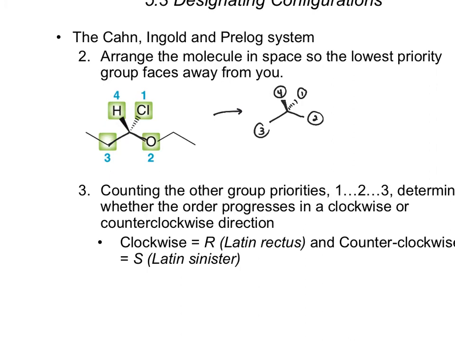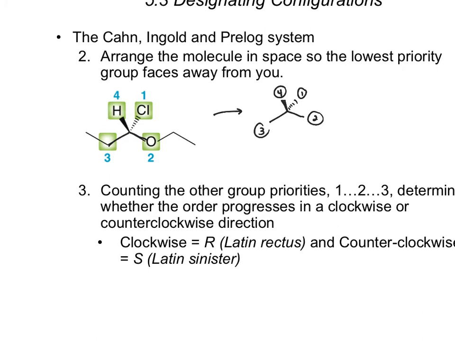I need it to go into the board. So what do I need to do to this molecule to get 4 on the dash? Mirror image. Can you switch 1 and 4? You can, but let's just focus on rotating it. If we pick up this molecule and rotate it 180 degrees, 4 will be on the dash.